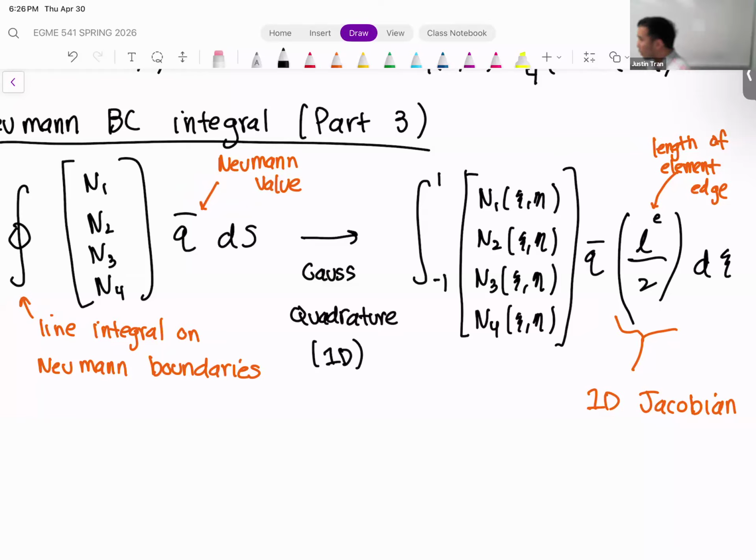For the last 20 minutes today, we're going to start writing down what I call the isoparametric algorithm. This is a step-by-step process on how to actually implement the isoparametrics, and it will be good for part 1 and part 2 of your project.